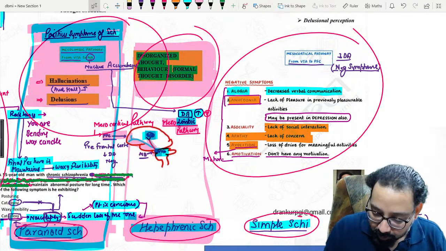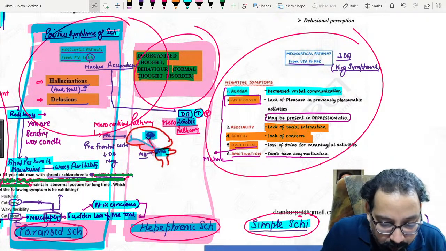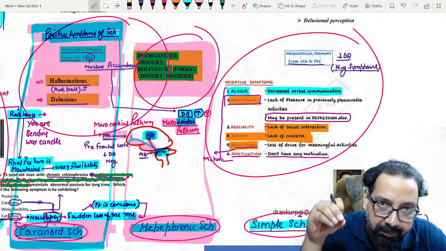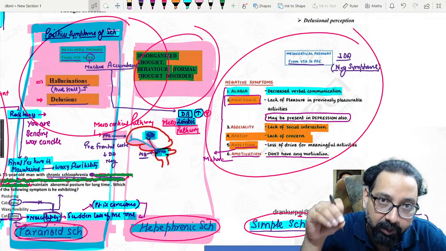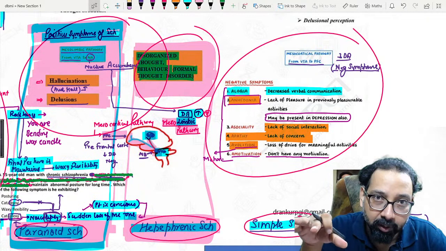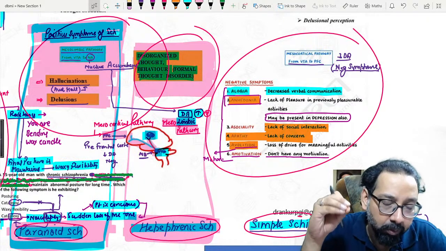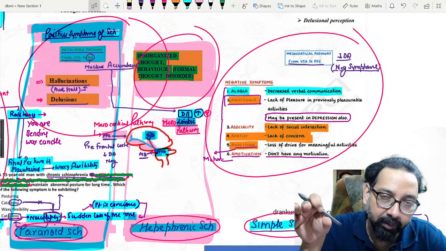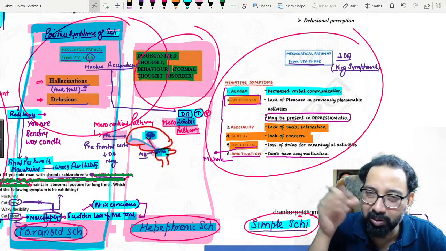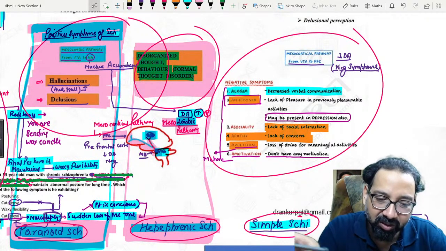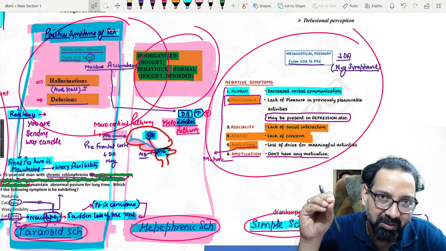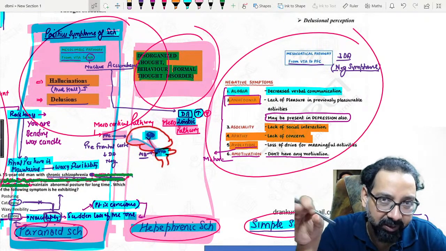So you will remember this. Suppose a patient came to you. They will ask a question like this. There is a patient admitted in the ward. He speaks continuously and suddenly stops in the middle. When he was asked why he is not speaking, he doesn't reply anything. He picks up things from the street and puts them in his mouth. He plays with his urine. He is abusing the family members and the staff of the hospital.